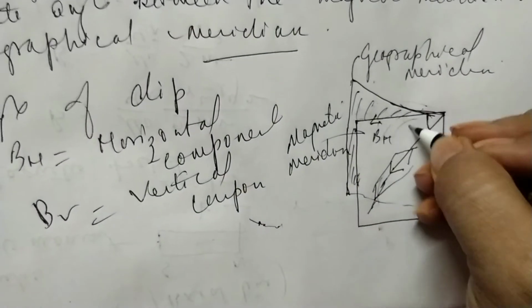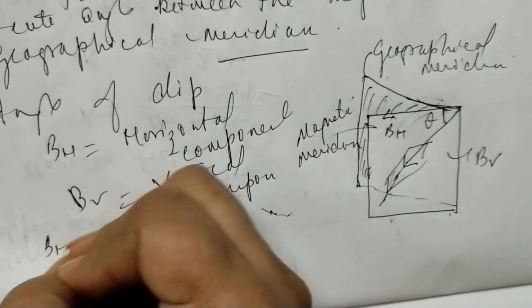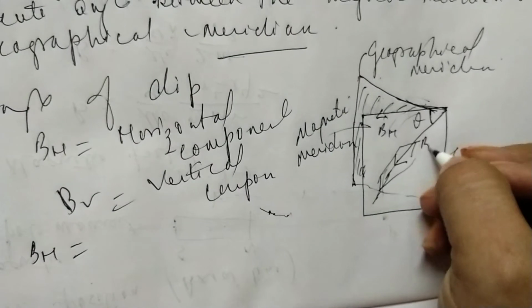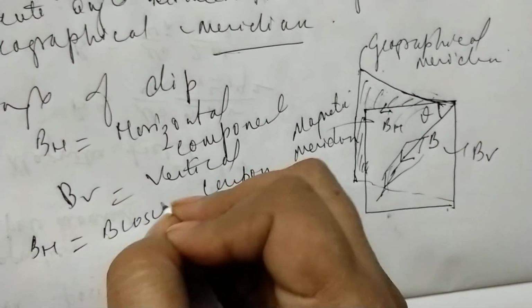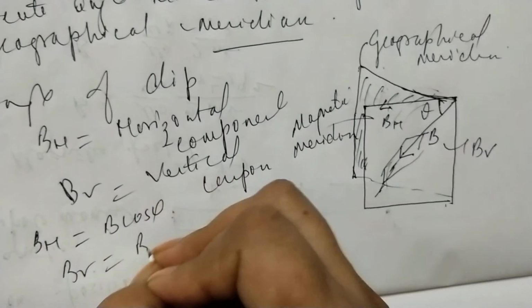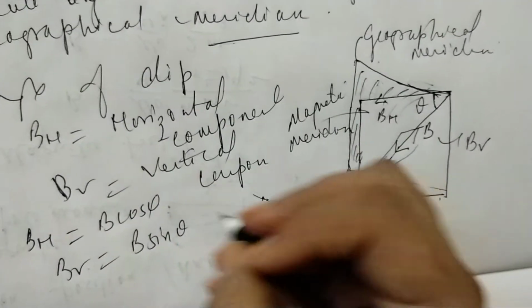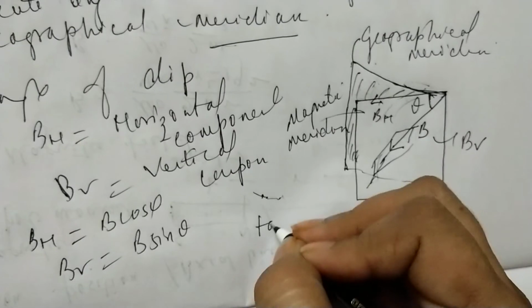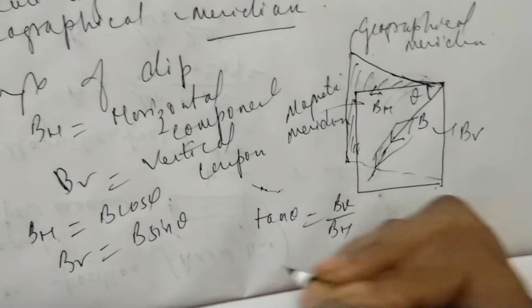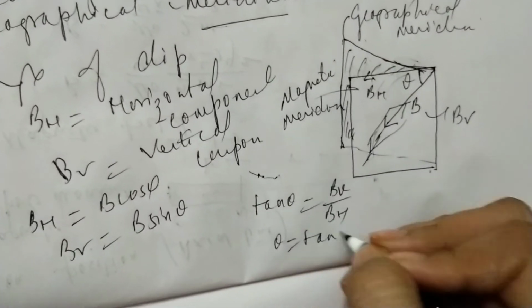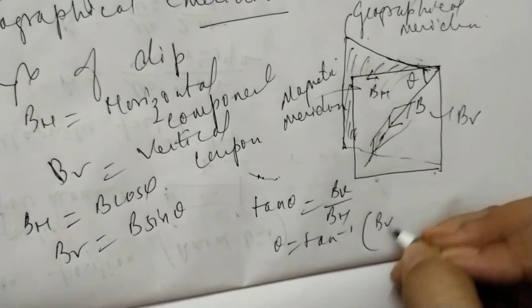So this is angle theta, and we can write BH equals B cos theta, where B is the resultant, and BV equals B sin theta. If we divide these, we get tan theta equals BV by BH, or theta equals tan inverse of BV by BH.